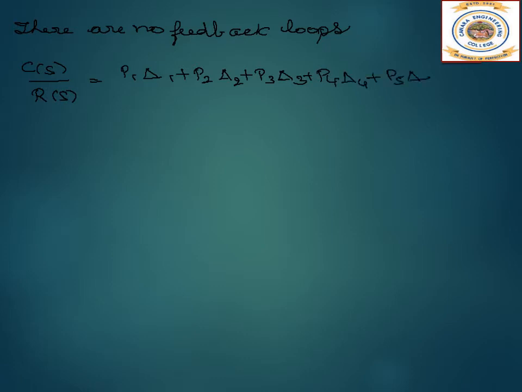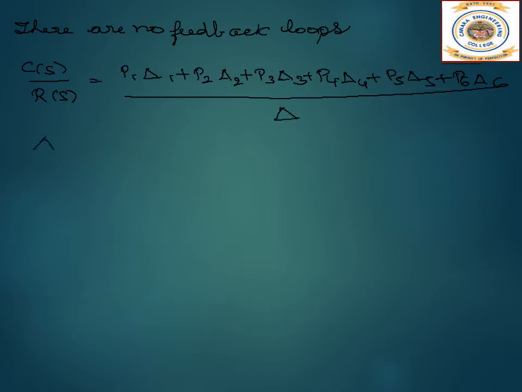So C of s by R of s will be equal to P1 delta 1 plus P2 delta 2 plus P3 delta 3 plus P4 delta 4 plus P5 delta 5 plus P6 delta 6, whole divided by delta.